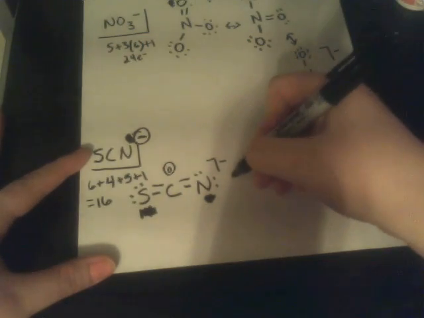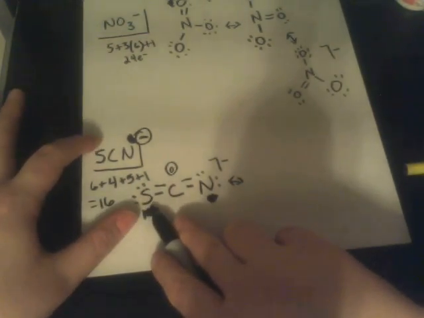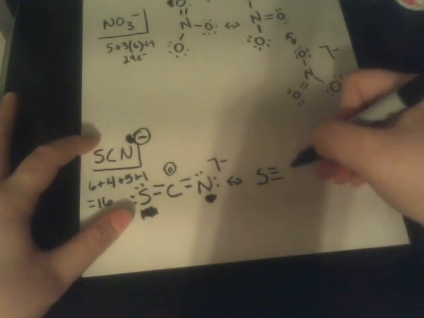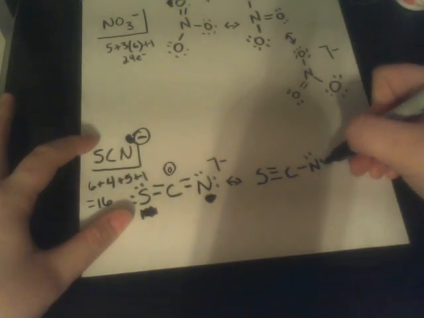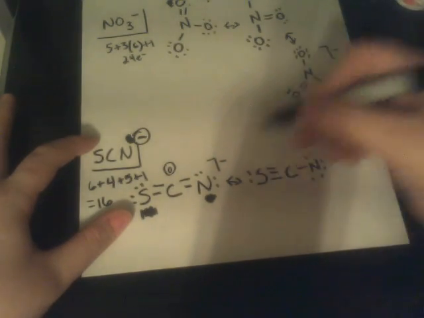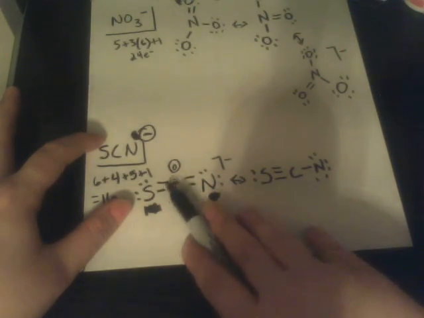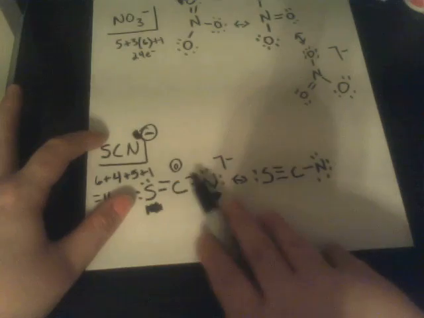How about, what if sulfur were to be the one to triple bond to carbon? Isn't that a possibility? Instead of sulfur just donating 1 pair and nitrogen donating 1 pair, what if sulfur donated 2 pairs in between them?